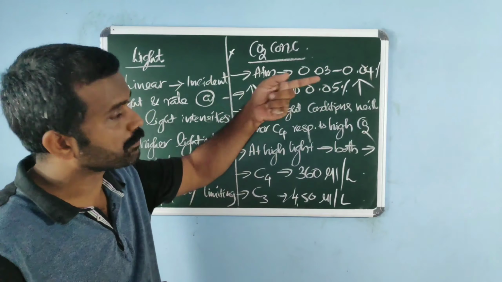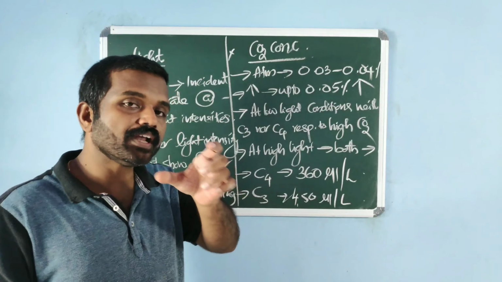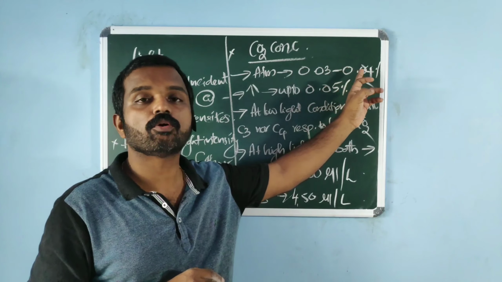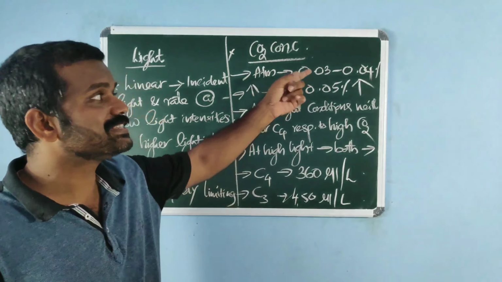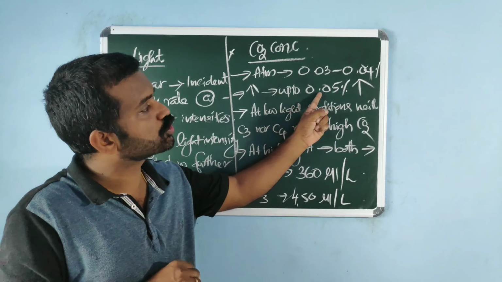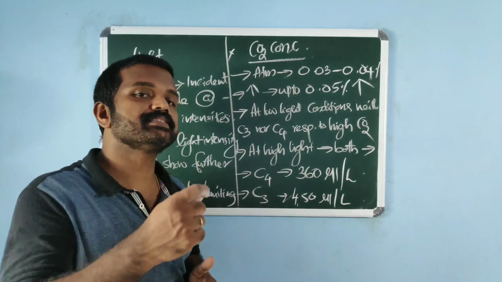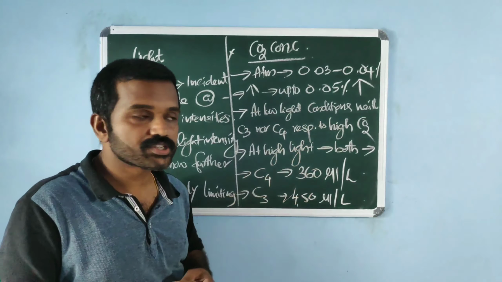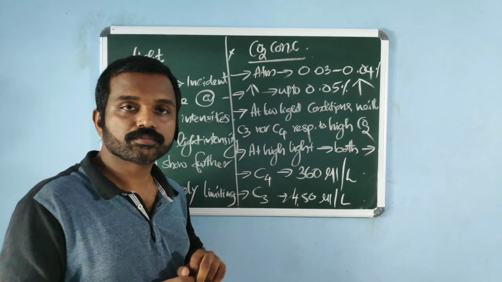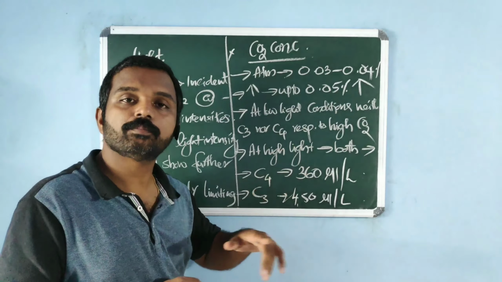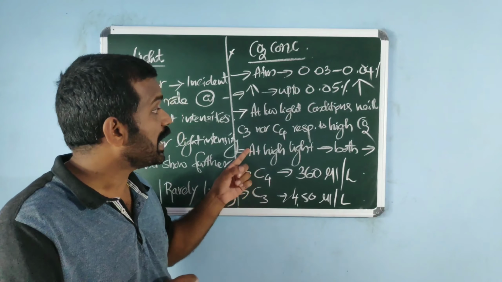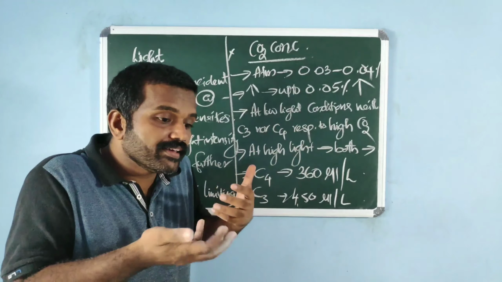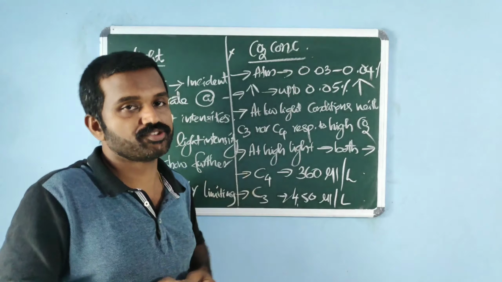Next, carbon dioxide concentration. Atmospheric carbon dioxide concentration is very low, that is 0.03 to 0.04%. Increase in this carbon dioxide concentration up to 0.05% increases the rate of photosynthesis. At low light conditions, neither C3 nor C4 responds to high carbon dioxide concentration. But at high light conditions, both C3 and C4 plants show an increase in the rate of carbon dioxide fixation.